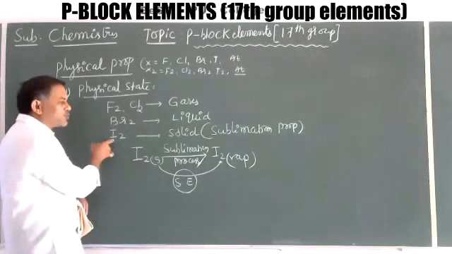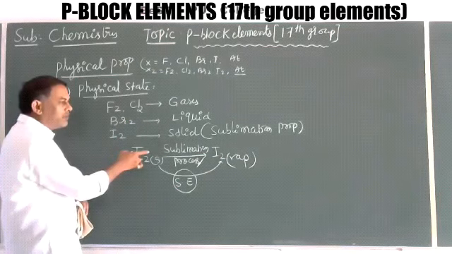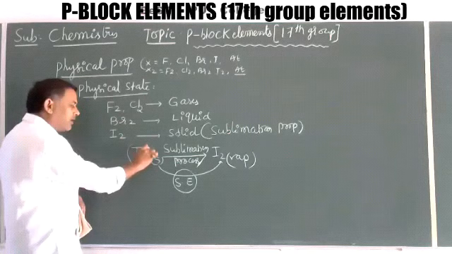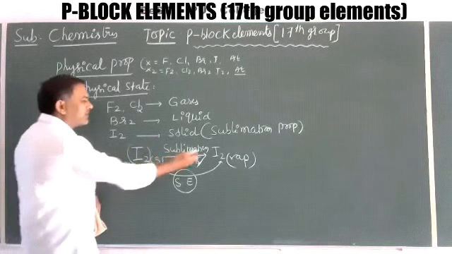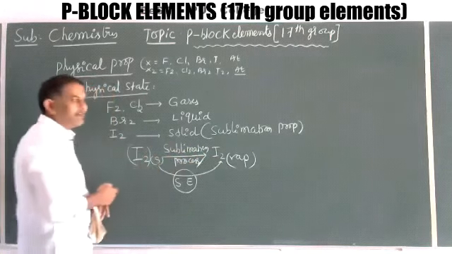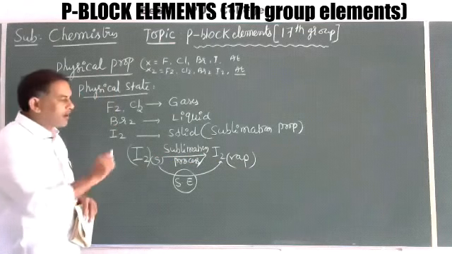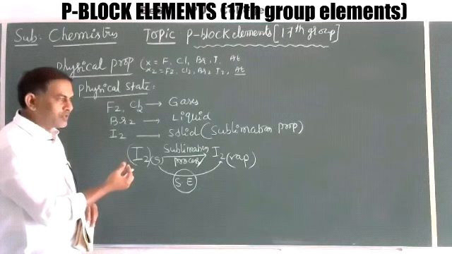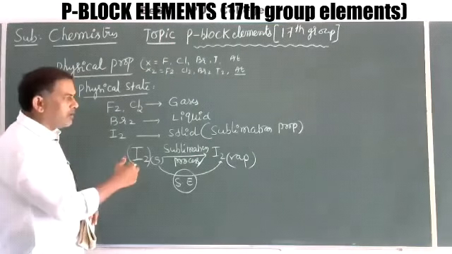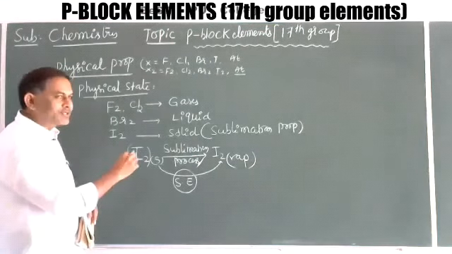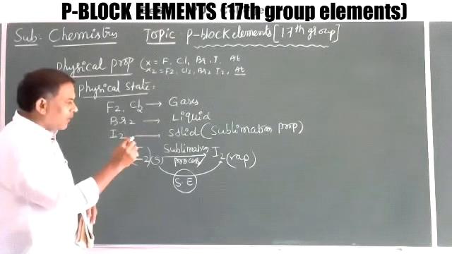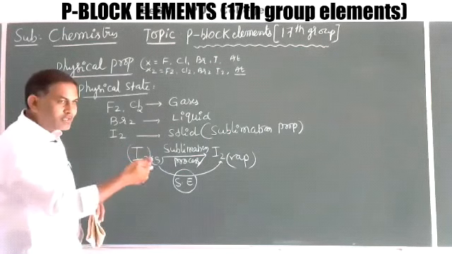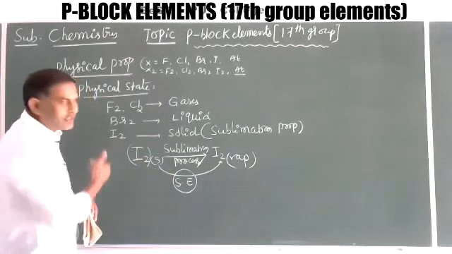For iodine at room temperature, some minimum amount of energy is required. This solid iodine vaporizes, converted into iodine vapors. Just like naphthalene balls. It is a solid at room temperature. Whenever naphthalene balls or room fragrance balls are exposed to atmospheric air, they easily vaporize without converting into a liquid.